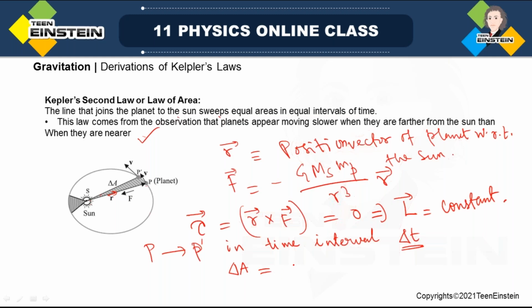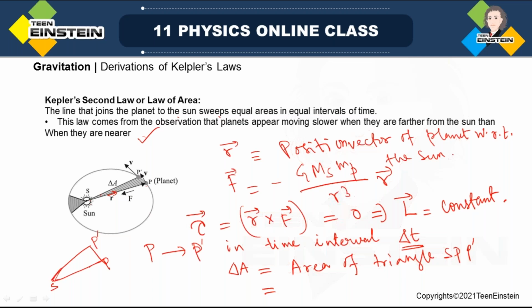This is a kind of a triangle, the area of triangle S P P prime, right? So this is the area. Now see this area for a triangle. This is S, this is P, and this is P prime.